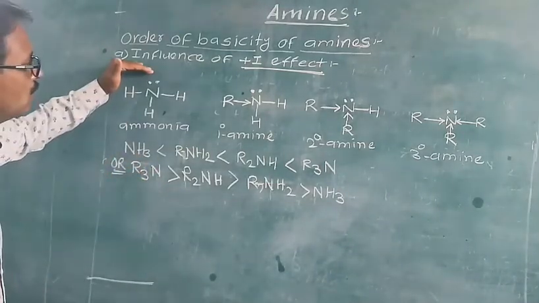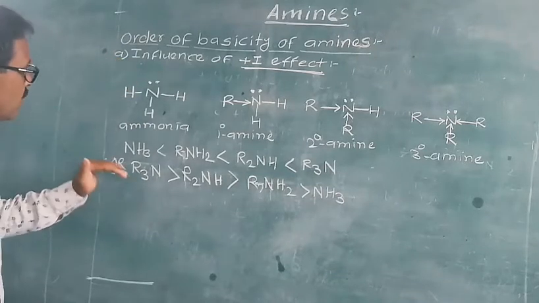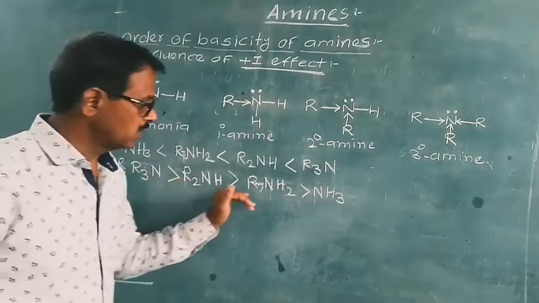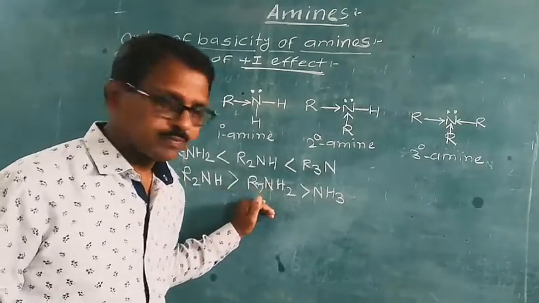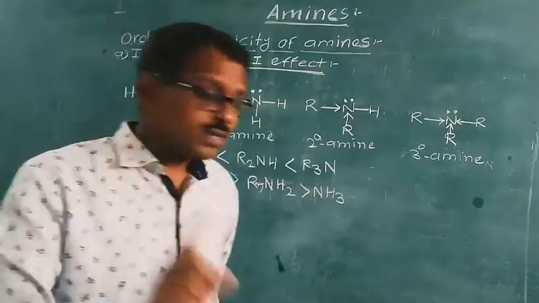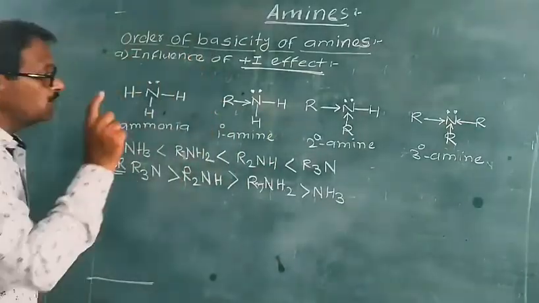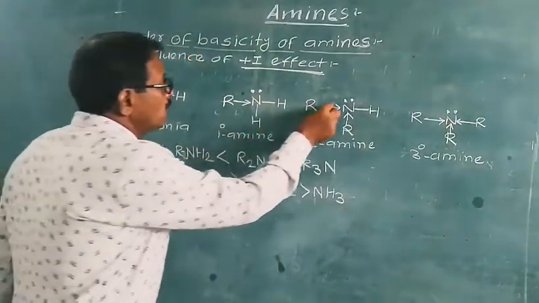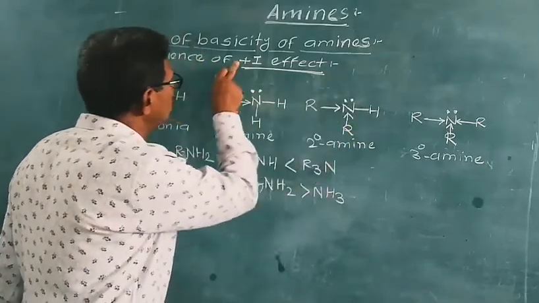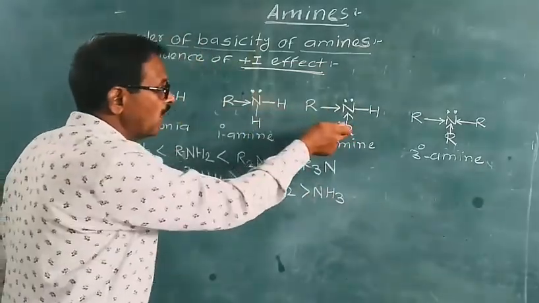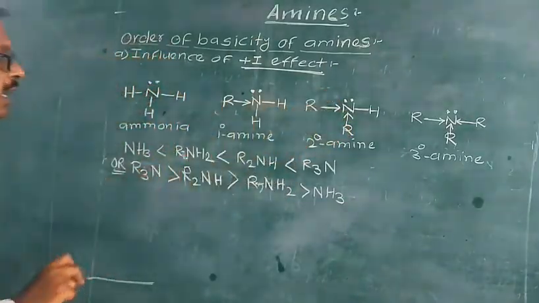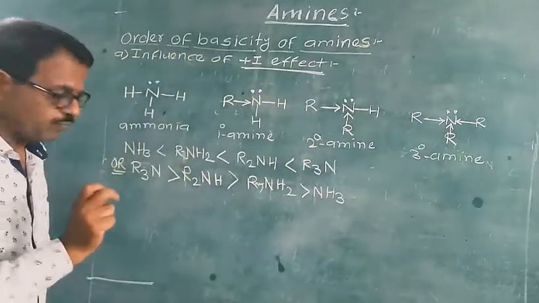Therefore, from this inductive effect, we can say that tertiary amines are more basic than secondary amines, secondary amines are more basic than primary amines, and primary amines are more basic than ammonia. This is because these alkyl groups donate the pair of electrons to this nitrogen atom, the electron deficient atom. It donates the electrons to the electron deficient atom. Therefore, it is known as positive inductive effect.